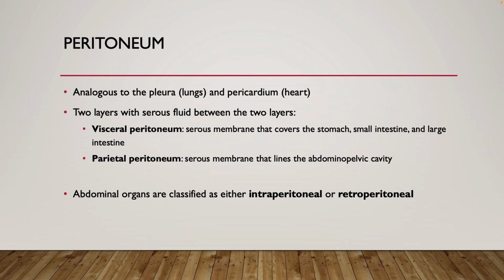Retroperitoneal structures, the kidney being generally the classic example, are not overlaid that way. They are covered on their anterior surface by a layer of parietal peritoneum. So we call this retro, meaning behind, retroperitoneal, behind the peritoneum.